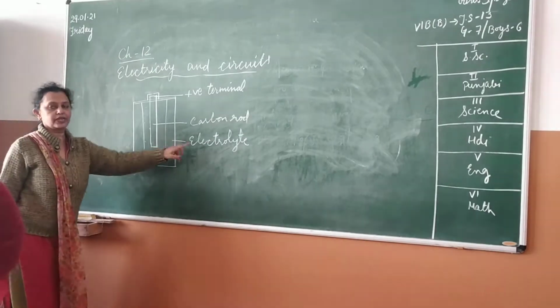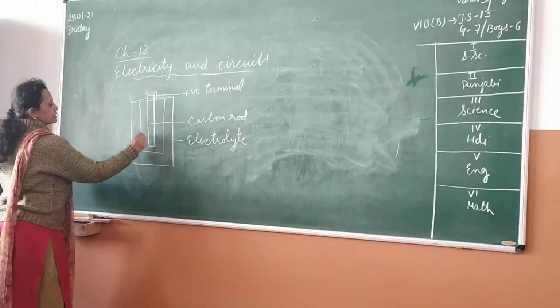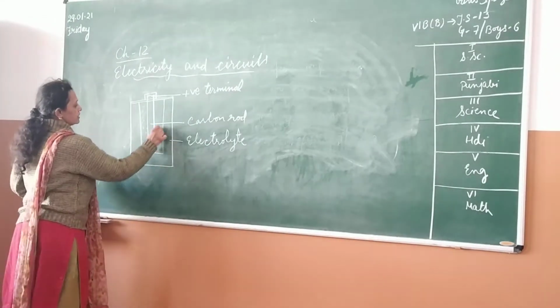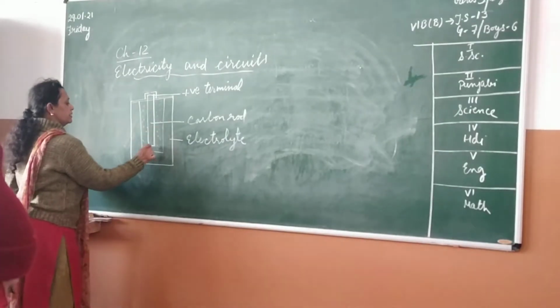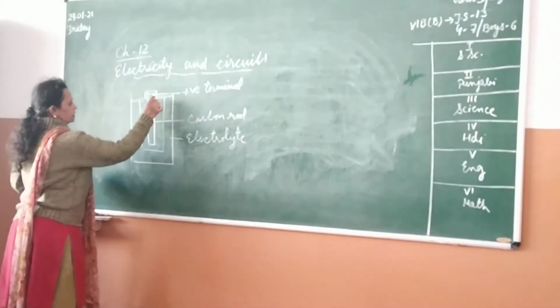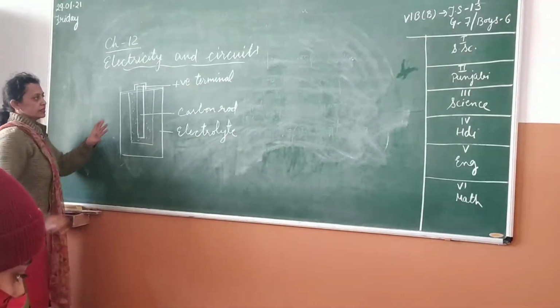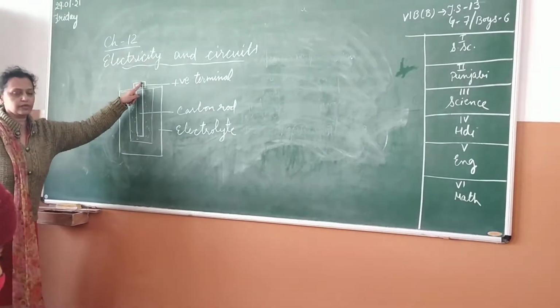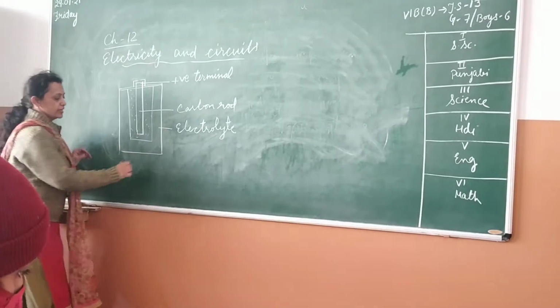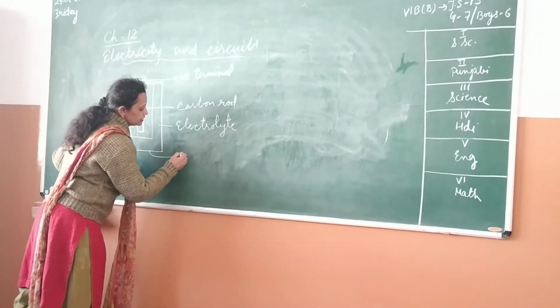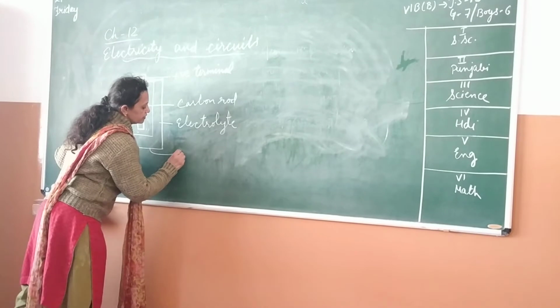You have to write only electrolyte. And this is the manganese dioxide and carbon powder. Carbon rod, positive terminal, and the base of this metallic container is made up of zinc.